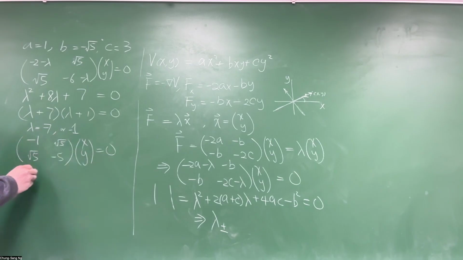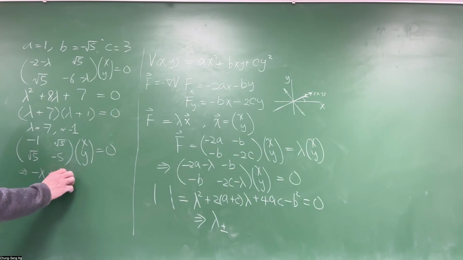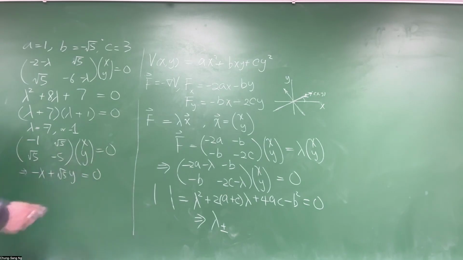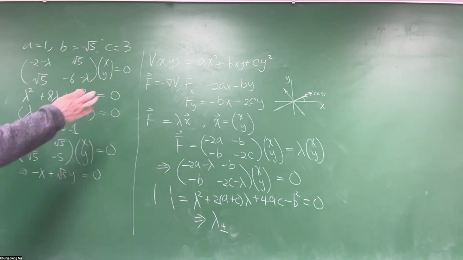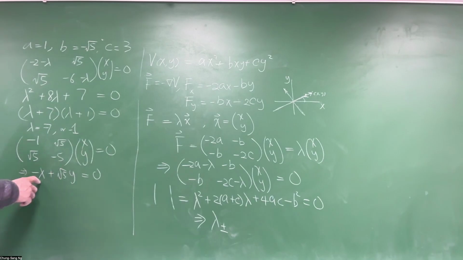So this implies minus x plus square root of 5 y is 0. Basically that gives you just the ratio of x and y. You can either solve for the ratio and get an arbitrary constant out, or you can just choose an arbitrary value.